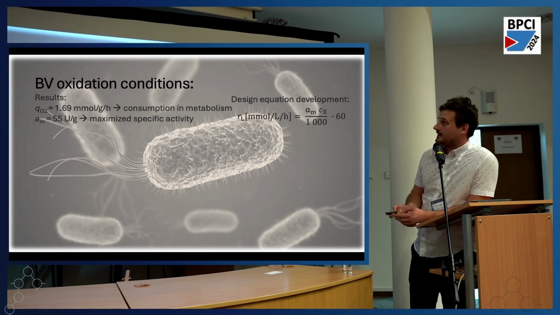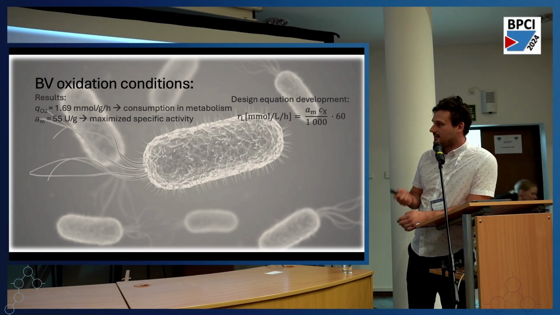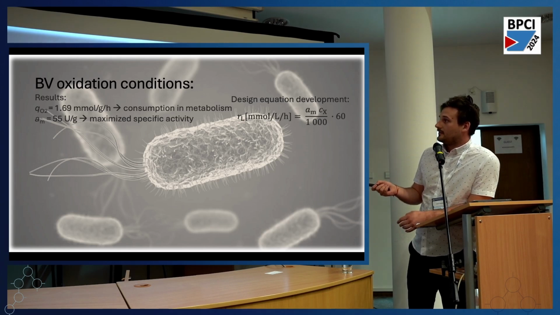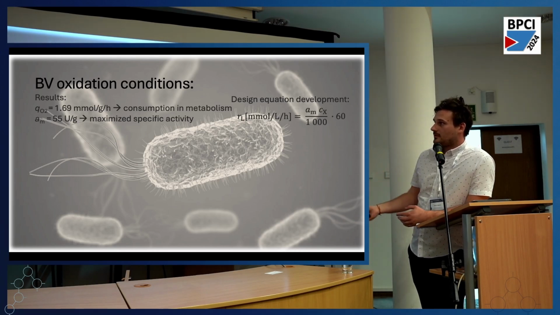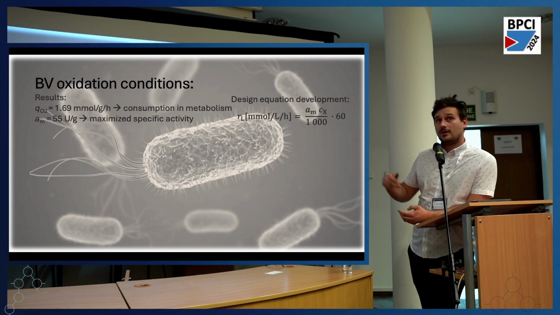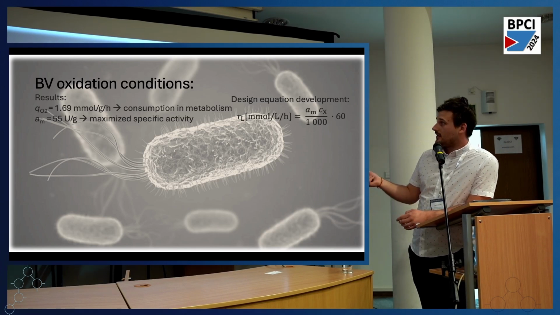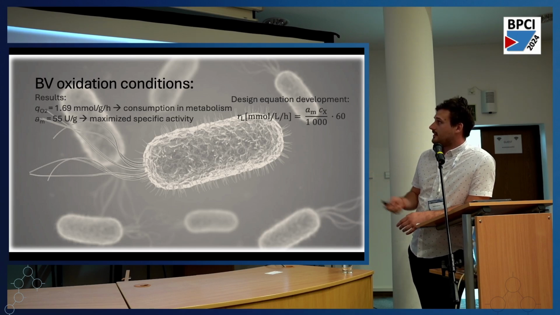At first, let's talk about what we know so far from the optimization studies: the maximal specific activity we are able to prepare in the form of biocatalyst by optimized cultivation and induction conditions is 55 units per gram, which, when we want to do a dynamic model, we have to recalculate as a reaction rate, or in this case, the rate of lactone production.